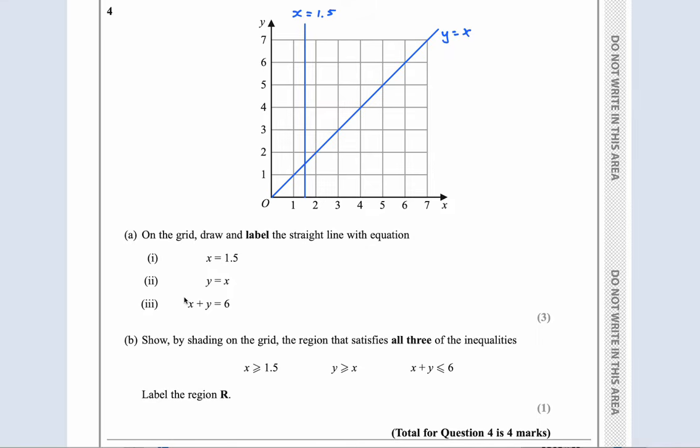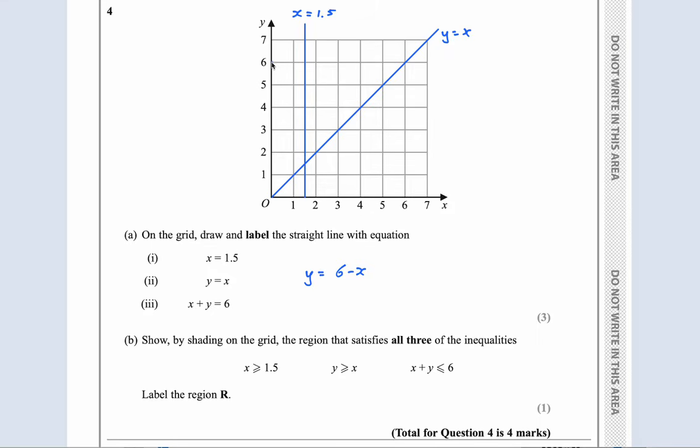And then finally, x plus y equals 6. So you could, guys, rearrange this into y equals 6 minus x, and then draw this using your calculator. Or the way I just like to do it is find 2 points. So when x is 0, y is 6.